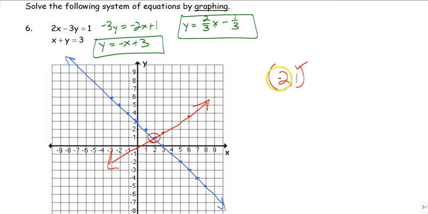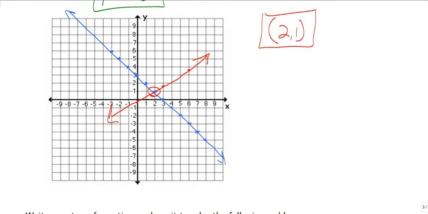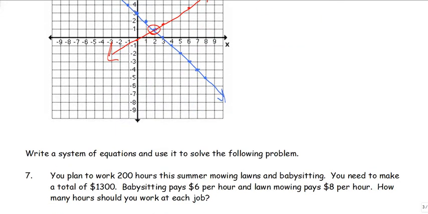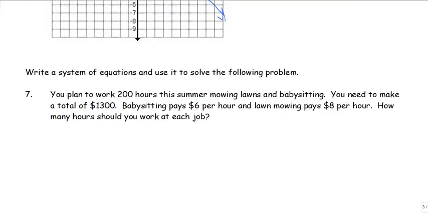That checks out. If you put a 2 in for x here, negative 2 plus 3 is 1. That checks out. So 2, 1 works for both equations. And you could also use your calculator to do second trace 5, which we did before, to find the actual solution.